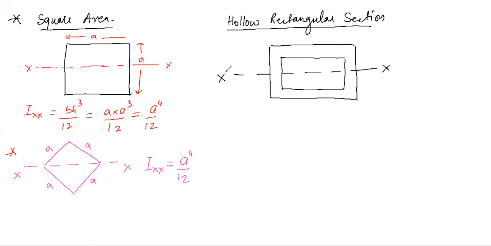Can anyone calculate? Just tell me. This is your width, this is your width. Similarly, that is your capital H, and this is your small h. Just tell me, quickly. This is to everyone. Please tell me what is the moment of inertia of this hollow rectangular section about the x axis.